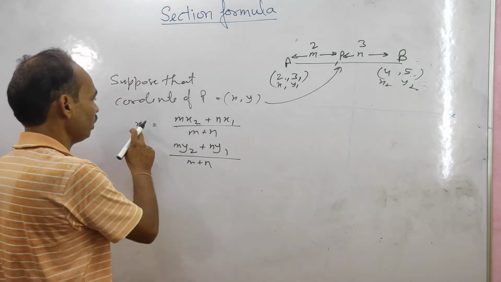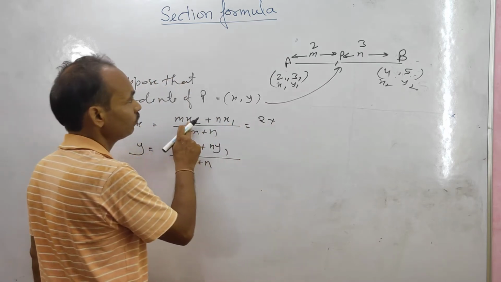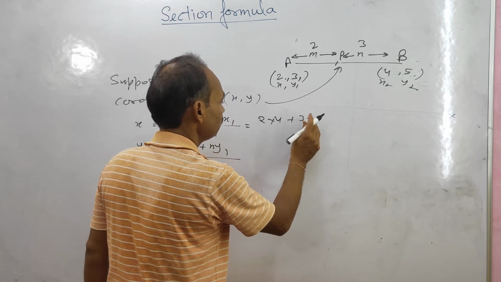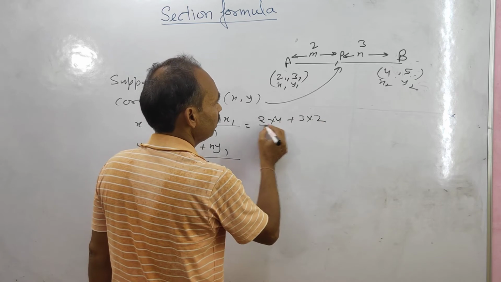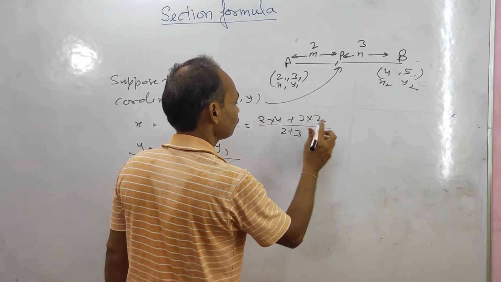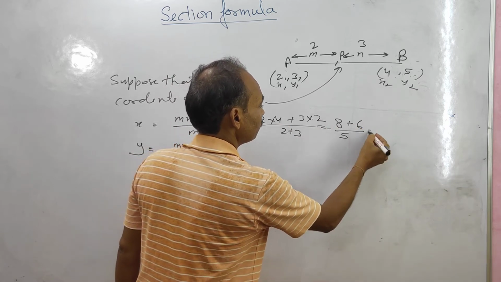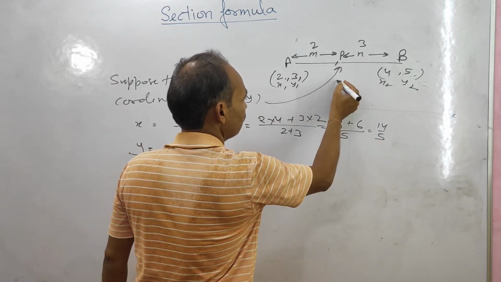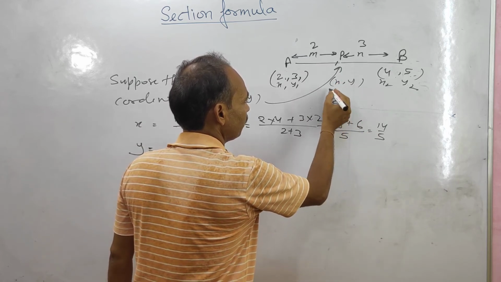Then what will be the value of x? m is 2, x2 is 4, plus n is 3, x1 is 2, upon m plus n, 2 plus 3. 2 fours are 8, 3 twos are 6, so 14 upon 5 is the value of x. So you can write the value of x is 14 upon 5.